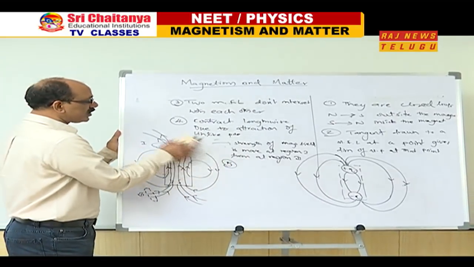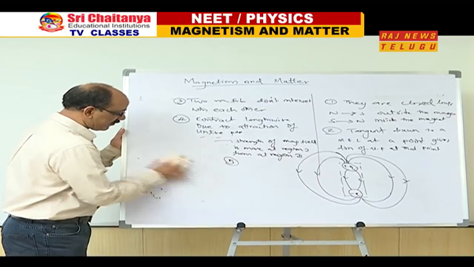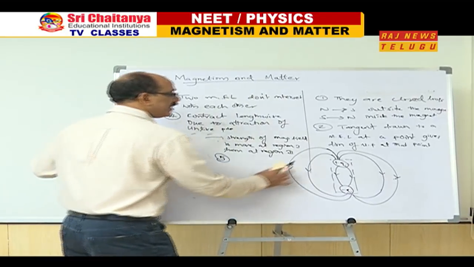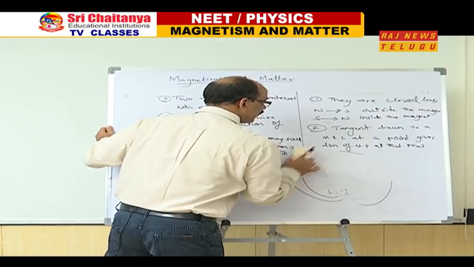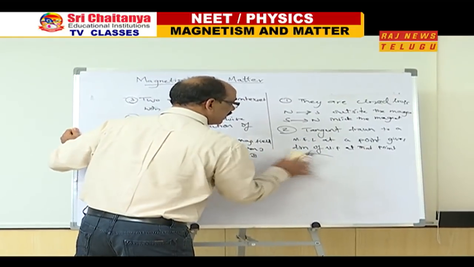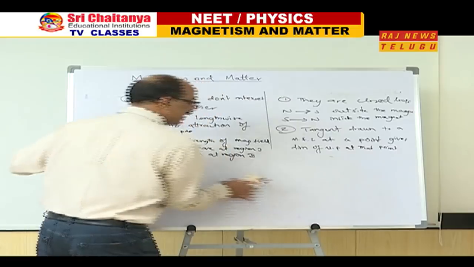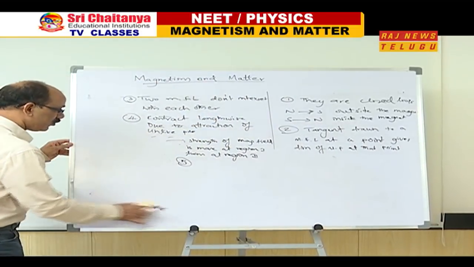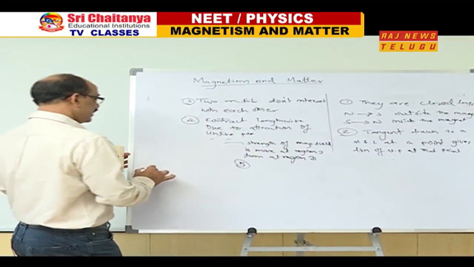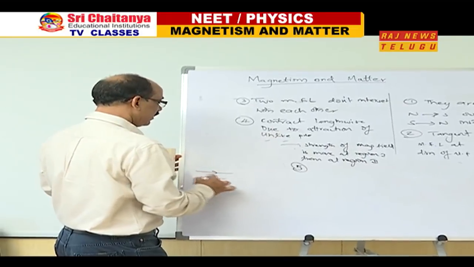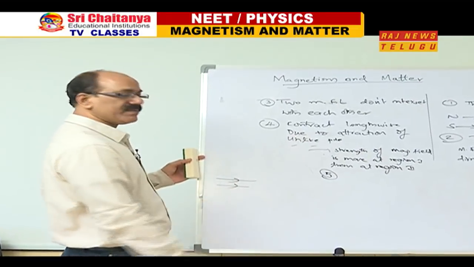Now there is one more thing that we have to talk about regarding magnetic field lines. If you draw the magnetic field lines in a ferromagnetic material, the field lines are found to converge. For example, let us say this is some magnetic field in some region represented by magnetic field lines.